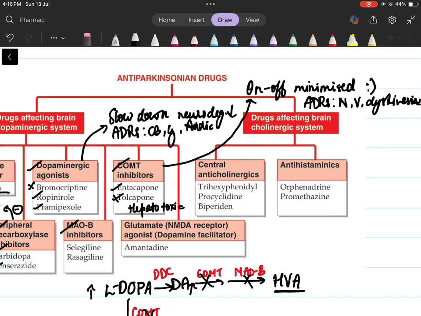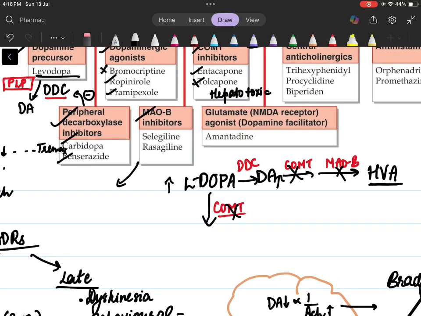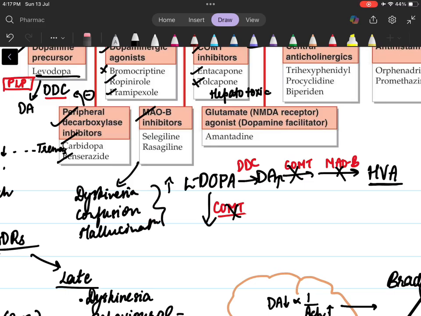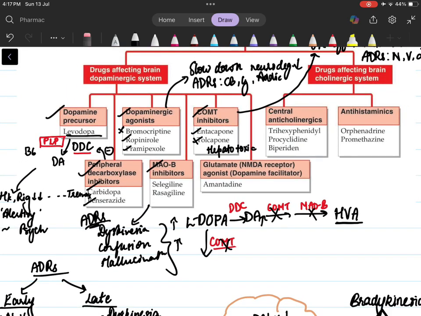What about our MAO-B inhibitors? Dyskinesias, confusion or altered mental status, and hallucinations will worsen. Okay, so these are all the ADRs. These are used as adjuvant therapy, which means in addition to L-DOPA or dopaminergic agonists, we also use these drugs.